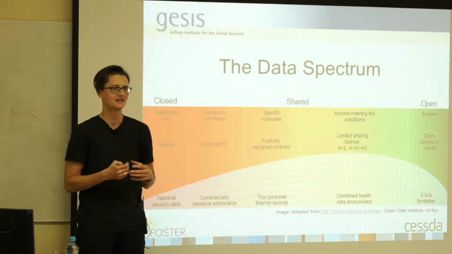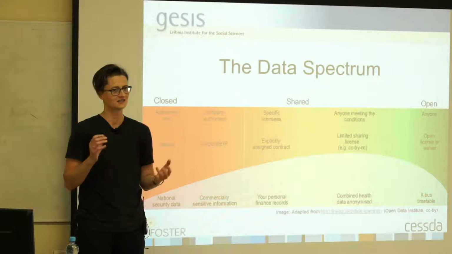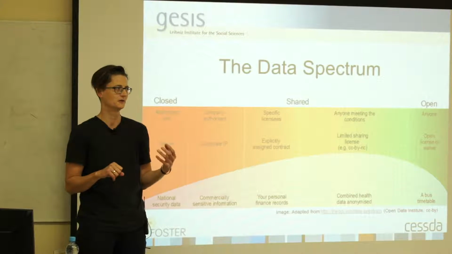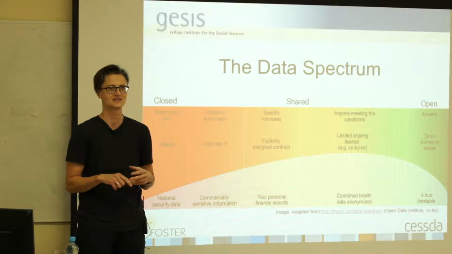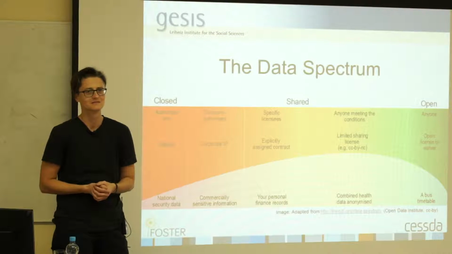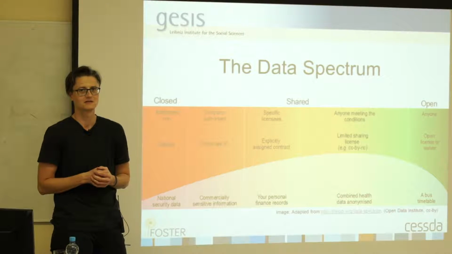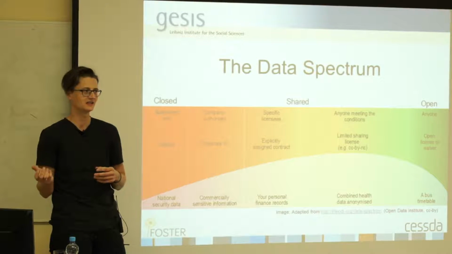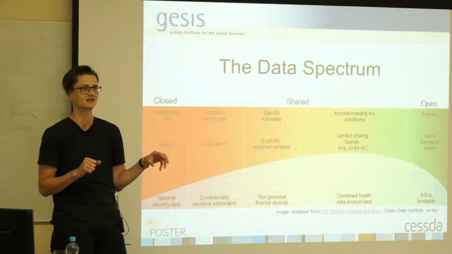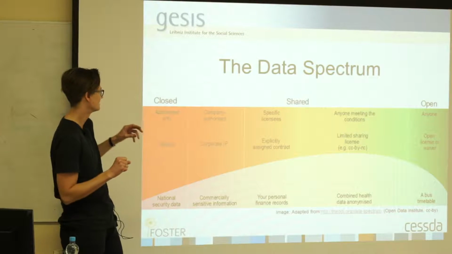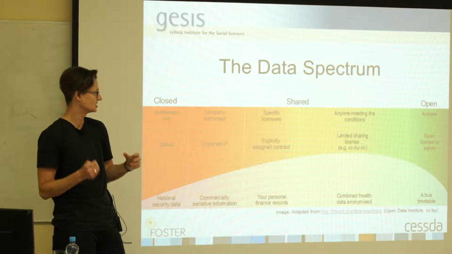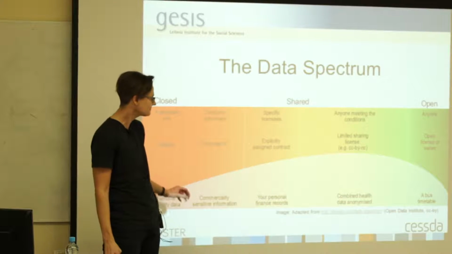So if your data contains information that might put your participants at risk, for example, it's quite obvious that we can't easily share it. So rather than thinking about open data versus just closed data, it makes sense to think of data sharing as a spectrum.